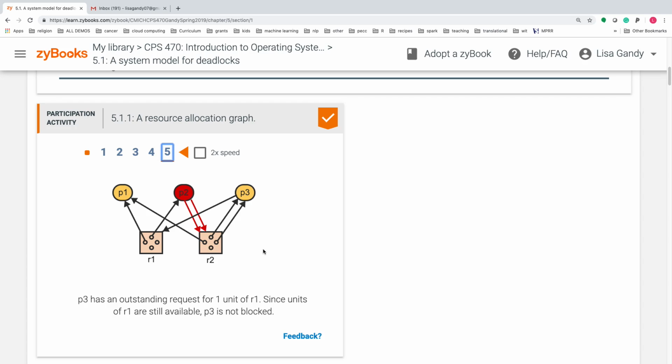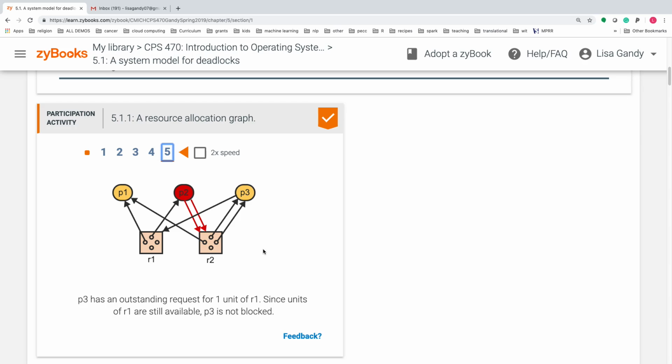So if we took a snapshot of this resource allocation graph and I asked you, why is P2 blocked? What's going on there in this graph? Because it's used in R1. And there's no more space in R2, right? Yeah, so it says I need 2 units of R2 and there's only 1. So it's just got to sit there until another unit's released.